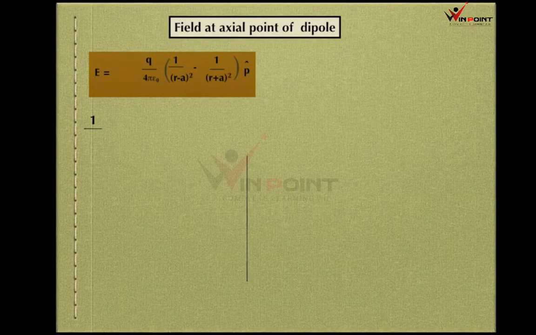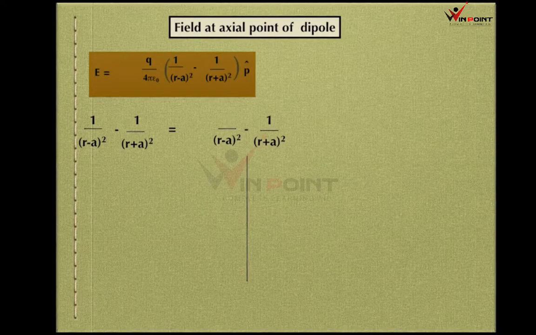Now we are going to change the terms inside the bracket. So it is in the form of 1 by a minus 1 by b, so it will be (b minus a) by a into b. The denominator will go to numerator, and the entire denominator will be the multiplication of (r minus a) whole square and (r plus a) whole square.